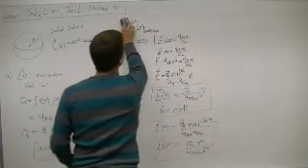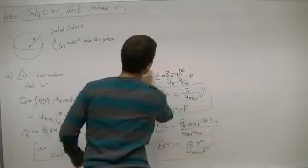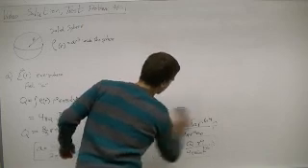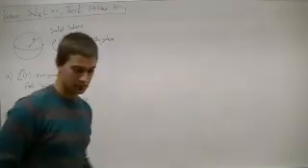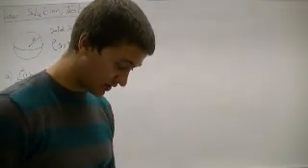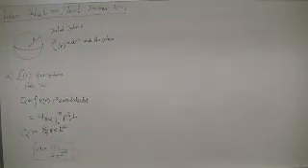And then the next part tells us to find the voltage, or the potential, at the origin, V of 0.